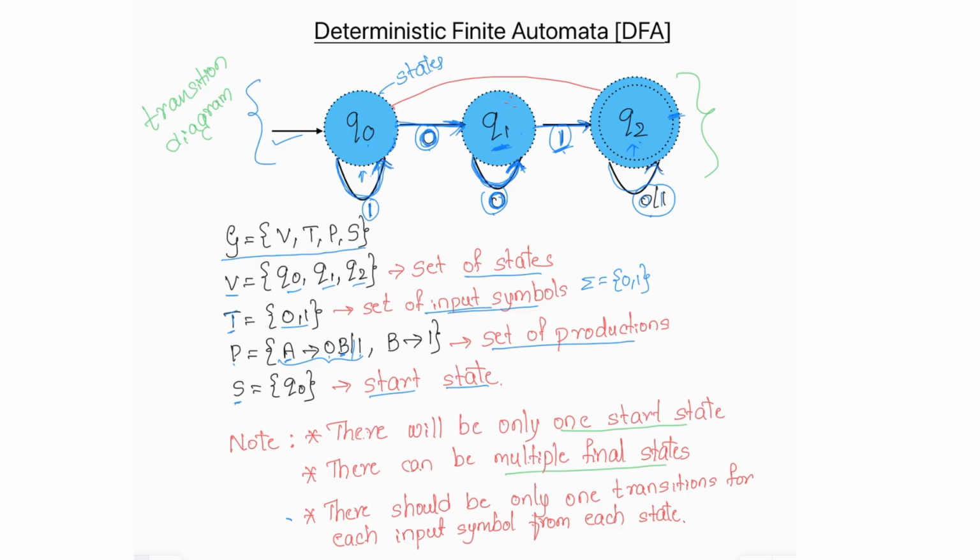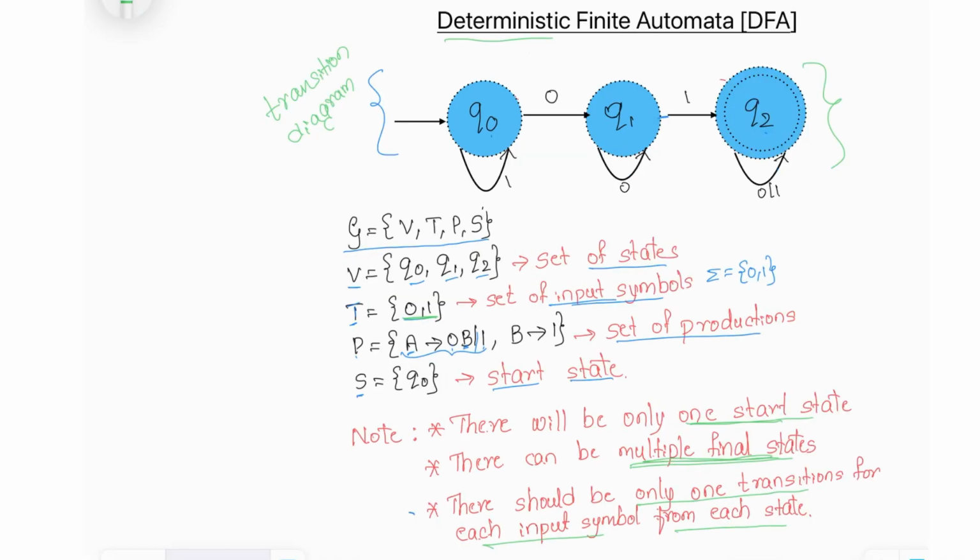In the transition diagram, we can have only one start state and we can have multiple final states. And it is mandatory in this DFA that there should be only one transition for each input symbol from each state.